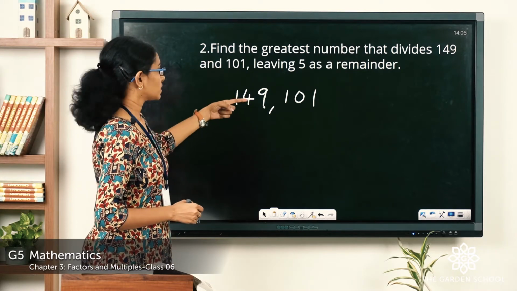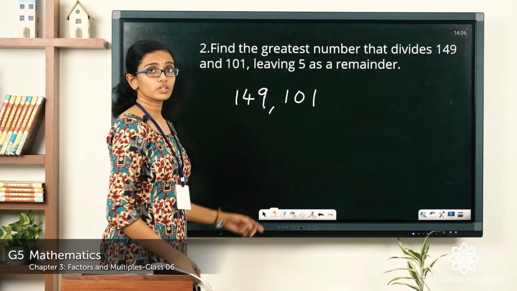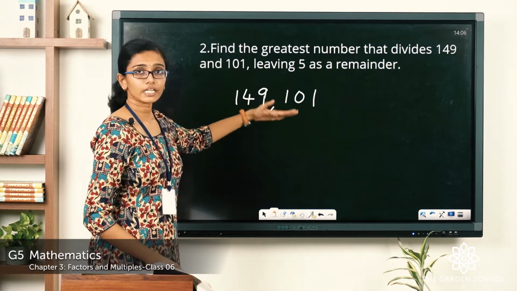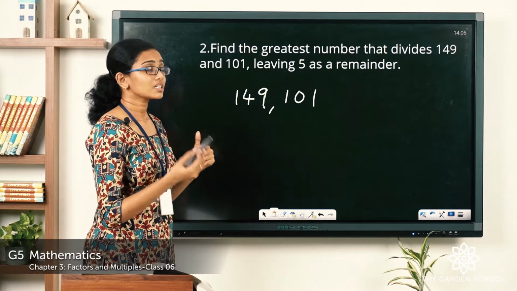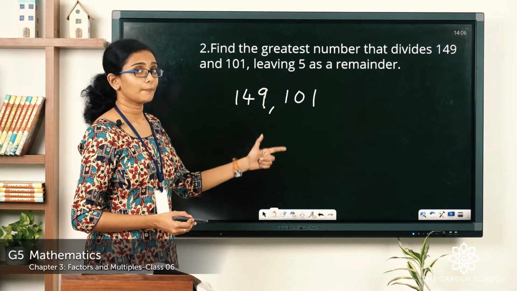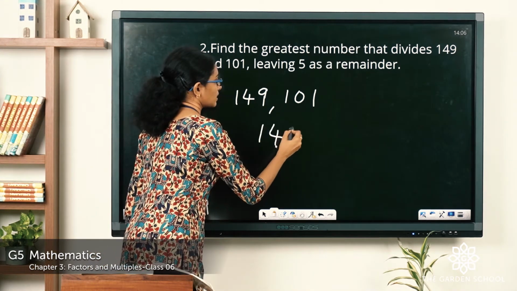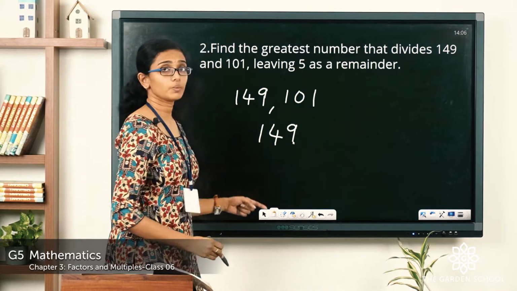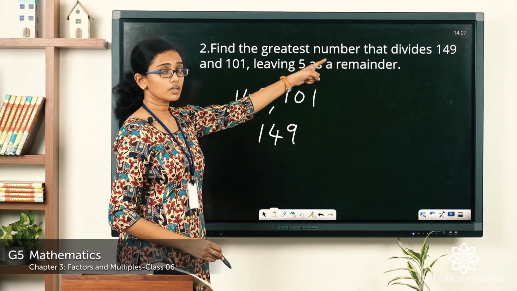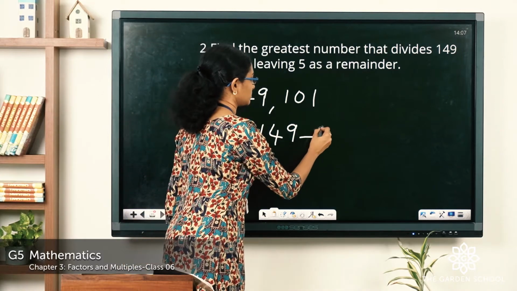don't you think if we are dividing numbers which are 5 less than the given numbers, that greatest number will be dividing those two numbers completely without any remainder? I mean, we have 149 and when you are dividing with the greatest number, you are getting 5 as the remainder. So you are subtracting 5 from this.